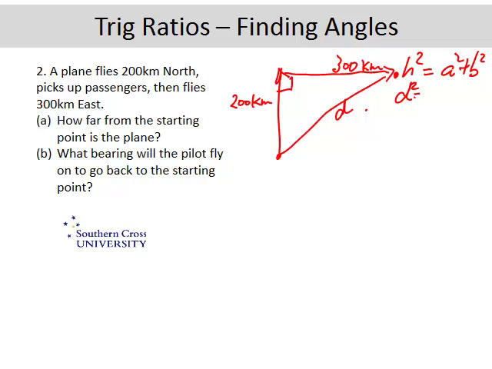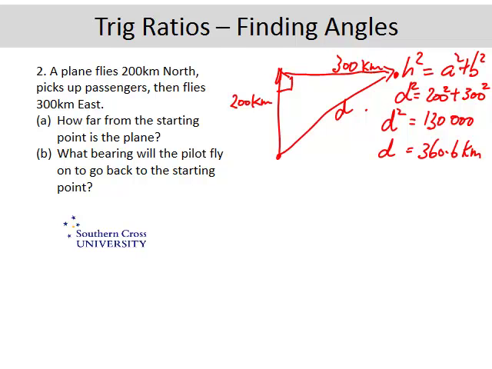So d squared is equal to 200 squared plus 300 squared. So d squared is equal to, this is a really big number, 130,000. So d is equal to the square root of that, I'm abbreviating this a bit, which is 360.6 kilometres.